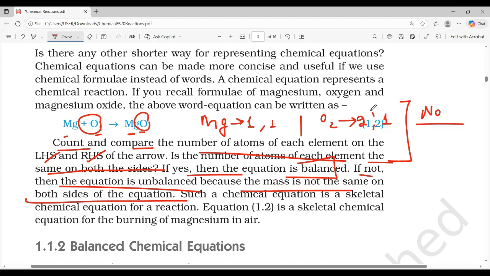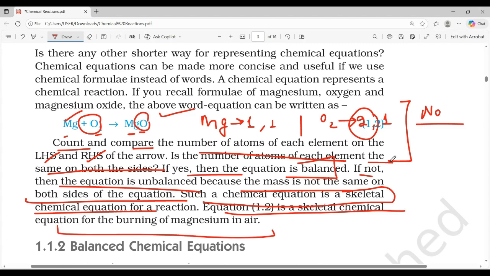Such a chemical equation is a skeletal chemical equation. So an unbalanced chemical equation can also be called a skeletal chemical equation. Equation 1.2 is a skeletal chemical equation for the burning of magnesium in air.